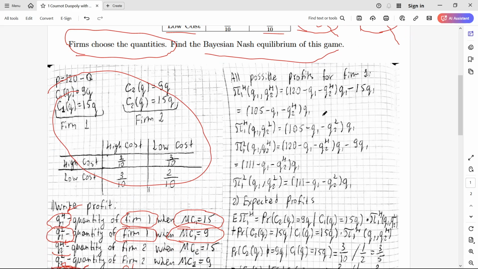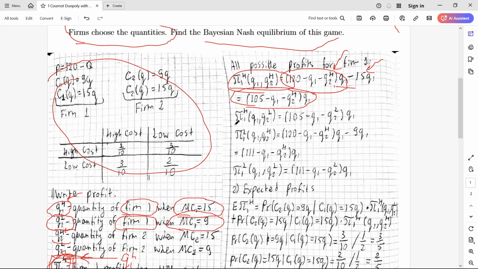And here I just write the profits for this. So profit of high type would be the price times quantity, the price given that the other firm is of high type, so they produce the high type amount of quantity, minus 15 Q1, so 15 is the high type marginal cost, and this is how it looks like.